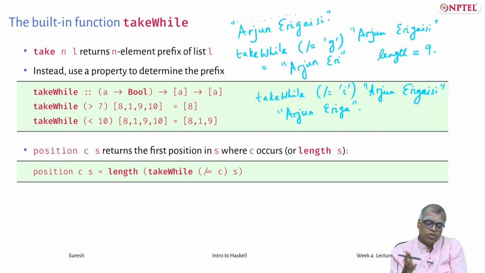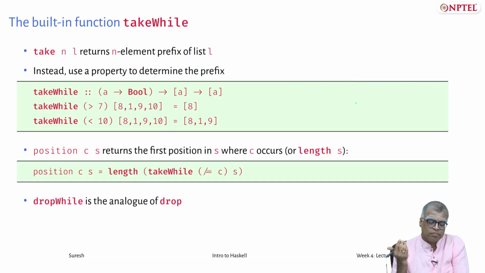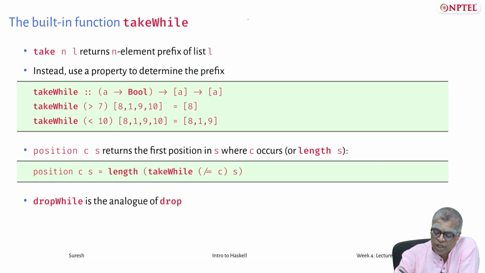Okay. So this is about take while, and as usual, take while itself can also be programmed using basic recursion. Drop while is the analog of take while. How would you program take while? Let's check. What is the type of take while that we have given here already?